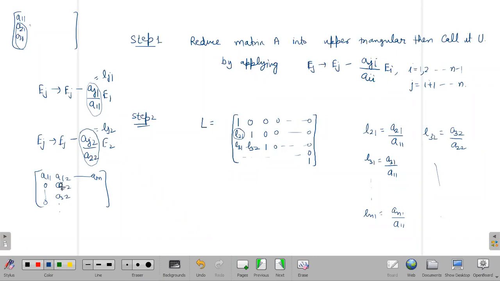Here you should remember these entries will change, so this ratio will also change. Means if I'm taking Aj2 star, this will be A22 star. So now it will be Lj2. If you are making this element 0, then L32 will be A32 by A22, and then L42 will be A42 by A22. So this way you will get the second column entries. And similarly, you can find the third column entries, fourth column entries.